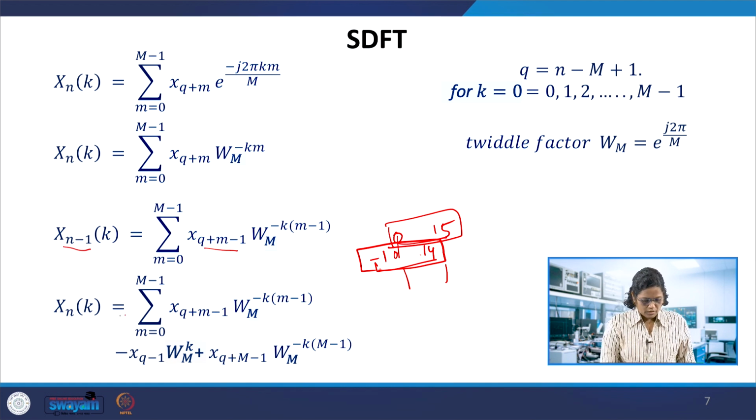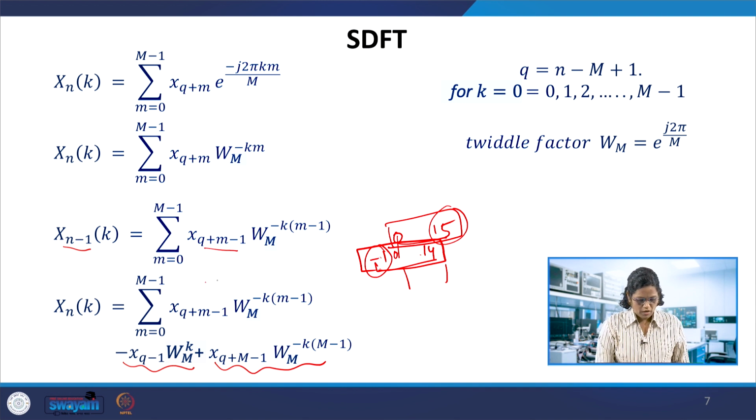So here x n k, with m varying from m minus 1, we take the previous instant, subtract the outgoing sample, and add the nth sample which is coming in. These two terms relate to the sample going out and the sample coming into the window.